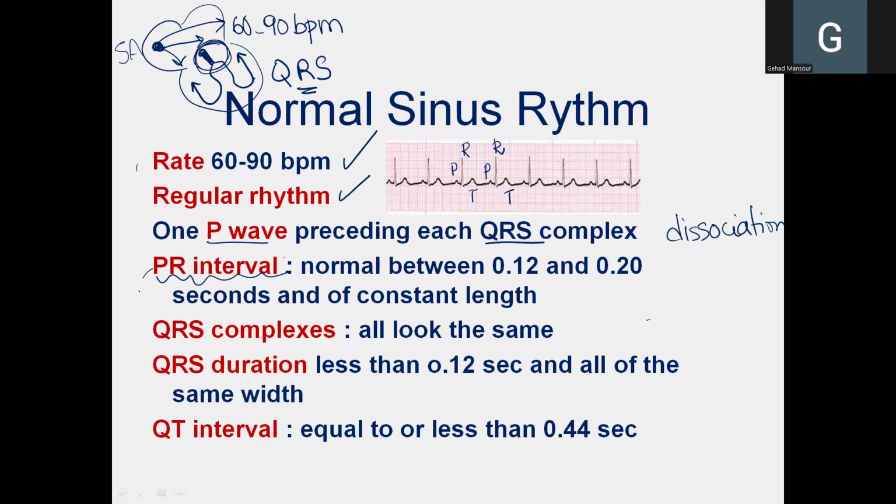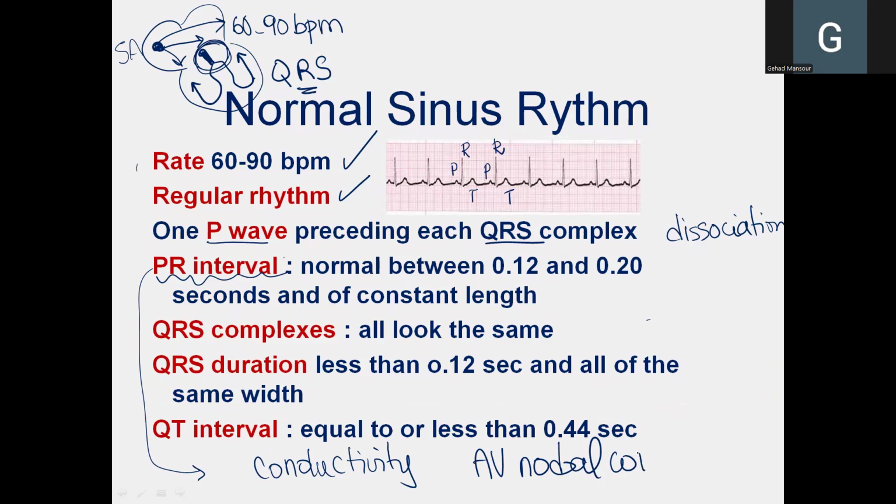The PR interval represents or reflects the conductivity across the AV node, or simply it represents AV nodal conduction. Does it conduct at the required speed, which is already delayed, or not?